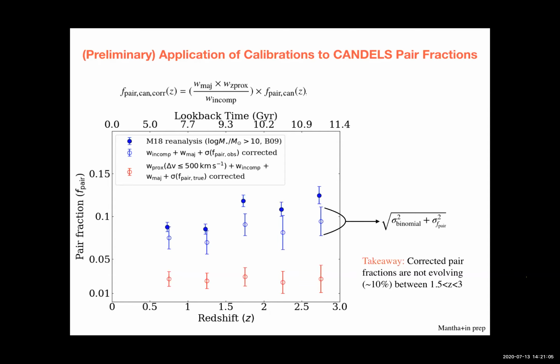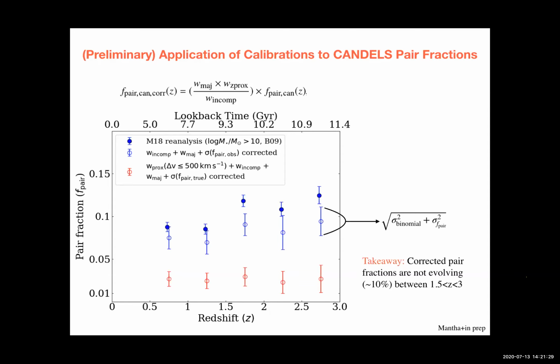And the red points correspond to that actually. So pair fraction for delta V less than 500 kilometers per second. So this is the current state of my analysis, and this is a preliminary result that we got for this CANDELS reanalysis. So I'm going to work on this a little bit more and then write it up basically.